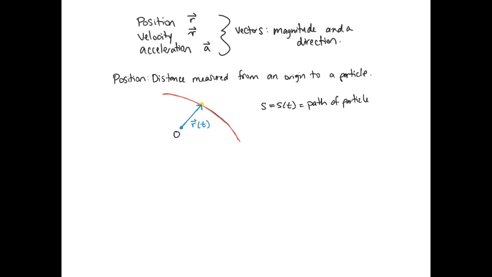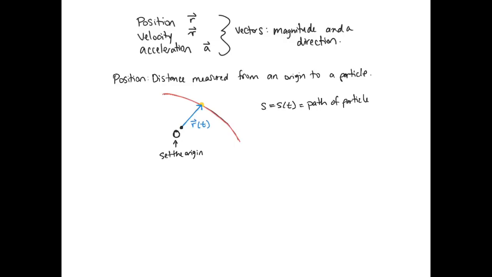Now when you get a new problem, it's often up to you to set the origin. Sometimes it's really obvious where the origin should be, sometimes it's less obvious, but you have to make sure that you're setting an origin O. In this case, it's starting here.